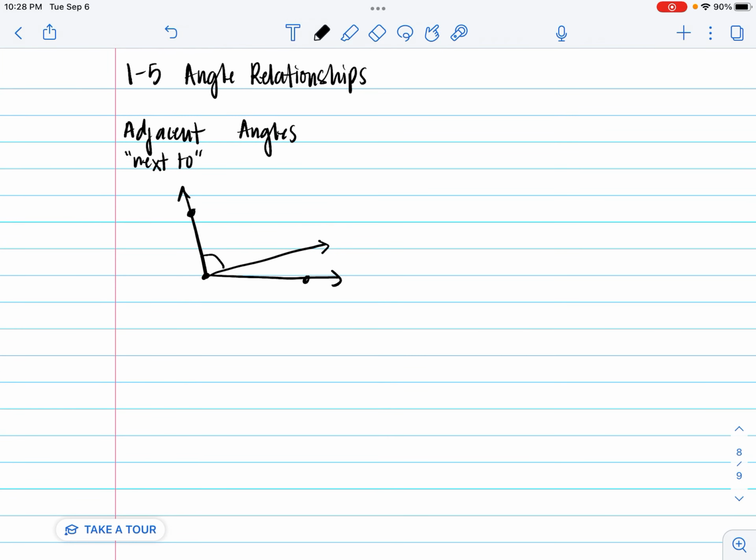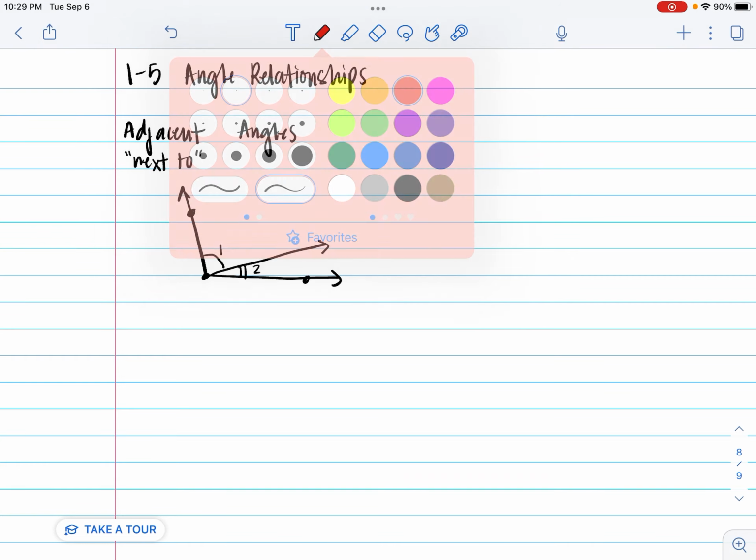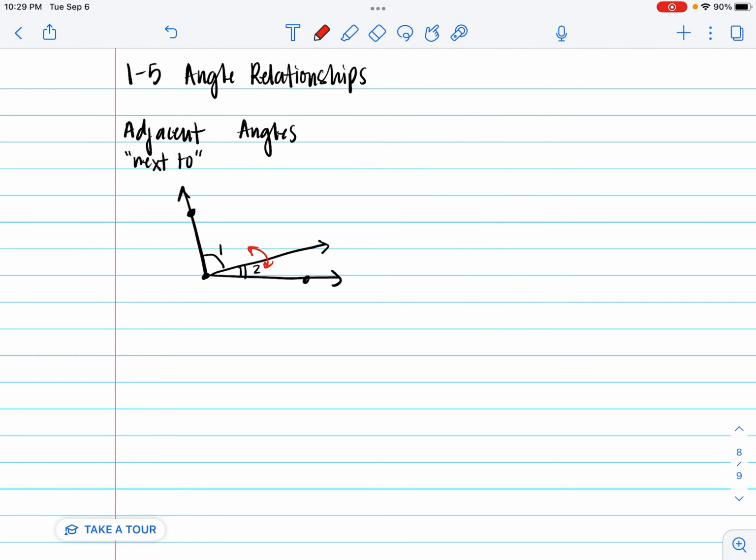I'm going to label this first one angle 1, and then the second one angle 2. Now, adjacent angles, like I just stated, literally means next to. You can clearly see that these two angles are next to each other. That's exactly what this is.